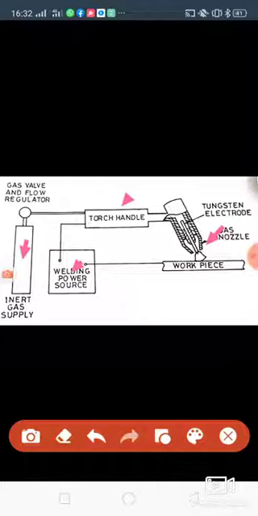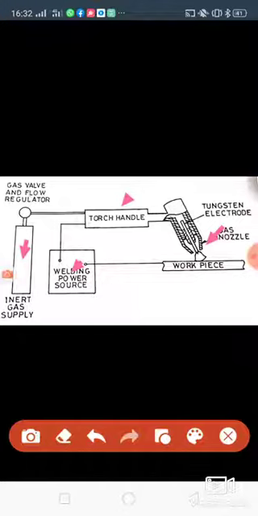Now this is the tungsten electrode, which is connected to the welding power source, and the workpiece is grounded. Around this tungsten electrode, a gas nozzle is there.